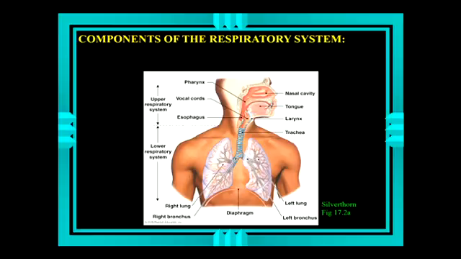So they're not only there to allow us to breathe and gas exchange. They include the nasal and oral cavities, the pharynx, and the larynx. I'll go through very briefly their function in a minute.